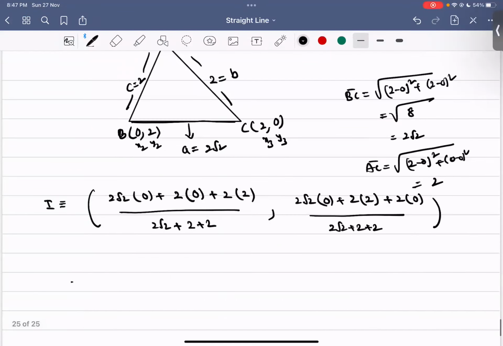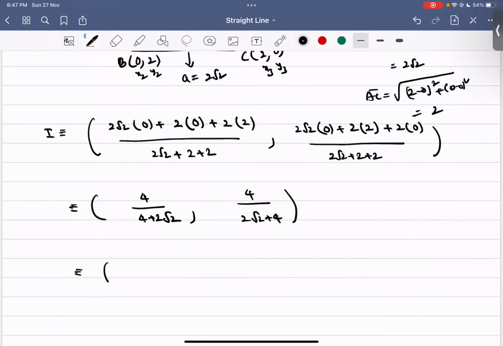So that is equal to 4 by (4 plus 2 root 2), comma, here also you will have the same thing, 4 by (2 root 2 plus 4). So you take out 2 common and cancel out, then what you get is 2 by (2 plus root 2), 2 by (2 plus root 2).